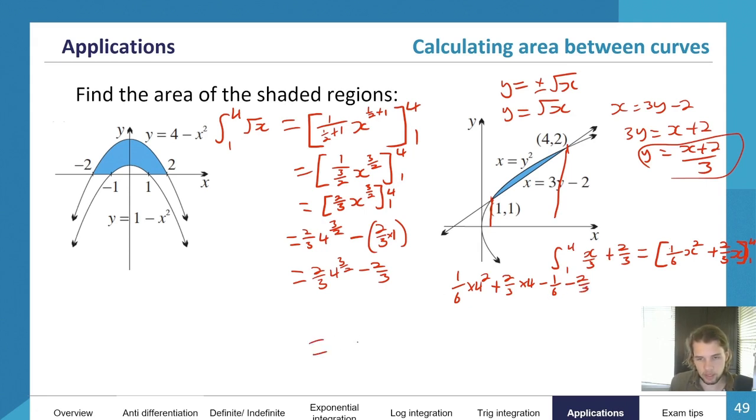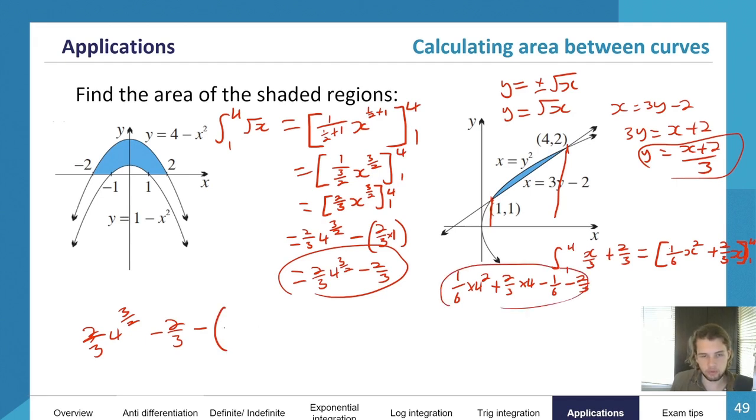Now we can throw everything together. So we're getting this top line area, 2 over 3 times 4 to the power of 3 over 2 minus 2 over 3. Then we're subtracting all of this other line that we've found, all of this other area: 1 over 6 times 16 plus 2 over 3 times 4 minus 1 over 6 minus 2 over 3.